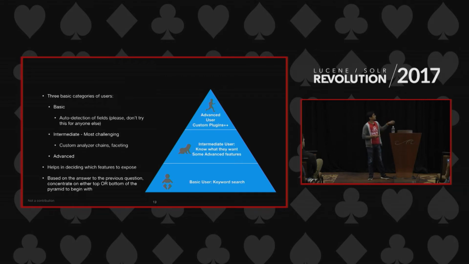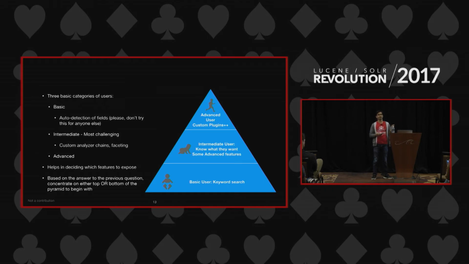So when you're building your search platform, knowing your user, you need to basically build it for either the top or the bottom of the pyramid. You cannot approach the entire pyramid to begin with, not at the start at least. And no matter what you do, you would end up spilling over and supporting people from the middle tier, because those lines that differentiate the tiers are not hard lines.